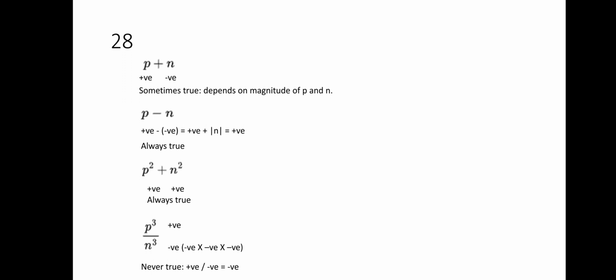We have three negatives, so when we multiply them, it will result in an overall negative number. So in the numerator we have a positive number, in the denominator we have a negative number. A positive divided by a negative gives you a negative. So the last statement is never true. It's never positive. It'll always be negative.